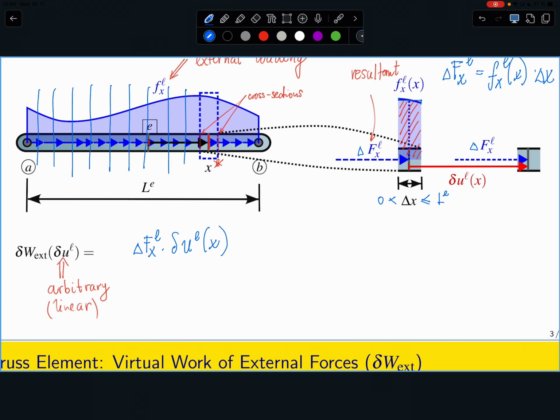Hence, this x becomes some arbitrary index, let's say xk. I will again assume that this delta x is the same everywhere. Hence, this will become also k dependent.